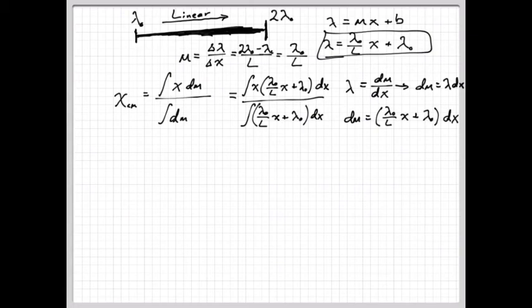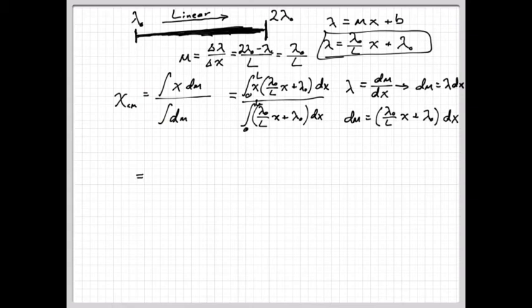So I've got two integrals to evaluate here. Okay, both of them are going to have the same limits though, because we're integrating over x. And so from the left end of the stick, which is 0, all the way to the right end of the stick, which is L. Okay, so let's go ahead and calculate these out. So we're going to do the first one on top.